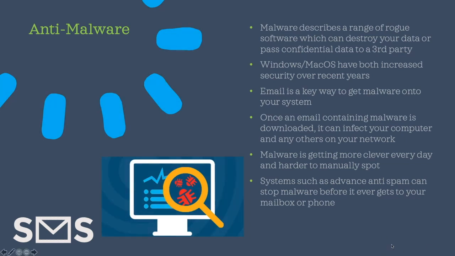So anti-malware, which is really malicious ware, can do significant damage to both your own PC and IT environment, but it can also unwittingly get spread by yourself to other colleagues, customers, suppliers, all other people that you communicate with, once it's infected and within your machine. And as the key bullet point says on the slide that Martin's just gone through, email is not the only way, but it is the most prevalent way of malicious ware getting onto your system.